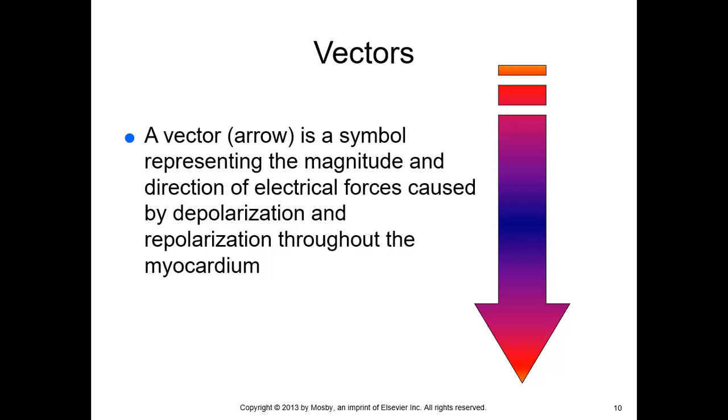Leads have a negative and a positive pole that sense the magnitude and the direction of the electrical force caused by the spread of waves of depolarization and repolarization through the myocardium. A vector, the symbol, points in the direction of the depolarization.